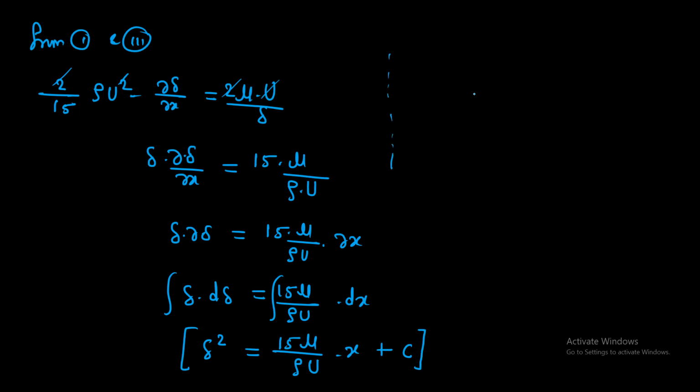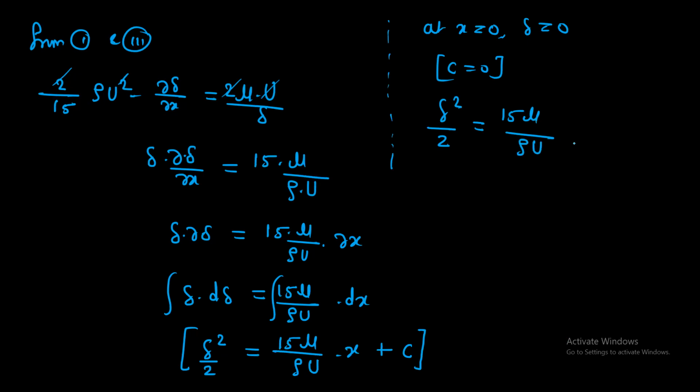Now to find out this c, you can use the boundary condition. So at x is equal to 0, the delta value is 0. So from this c is equal to 0. So we get the equation as delta square by 2 is equal to 15 mu upon rho U into x.